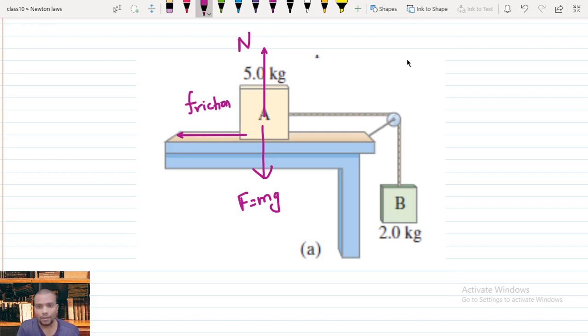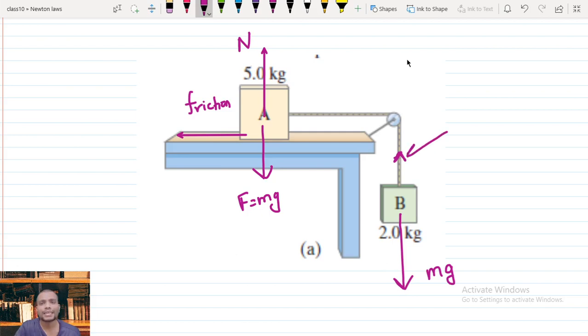And at block B here you can see, this is weight which is acting in the downward direction, mg, and this block is connected to a string or a rope. So this rope is balancing the weight which is connected here.